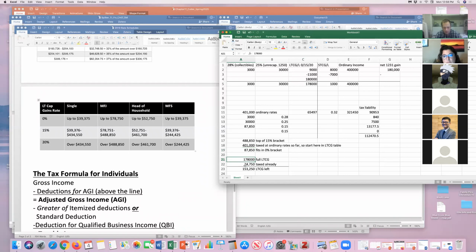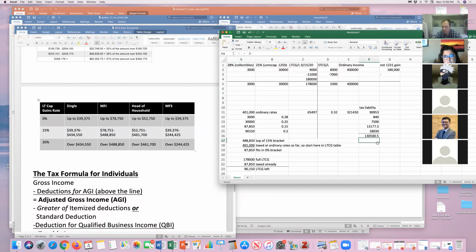So, minus. All right, now we have another 90,150 that gets taxed at the top 20% rate.